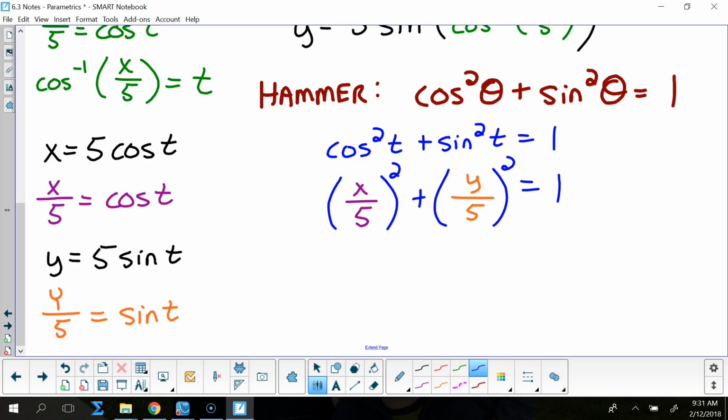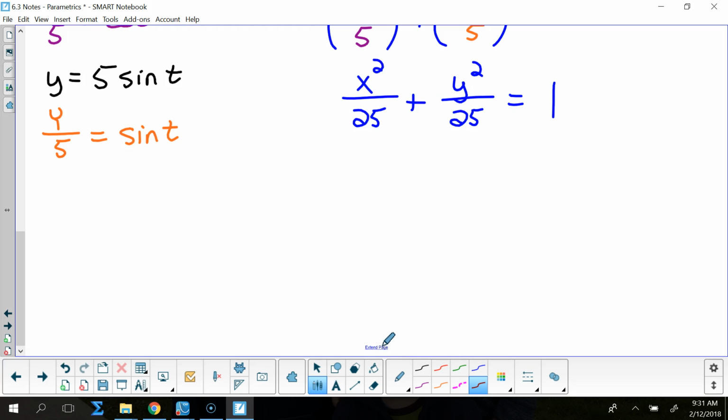So this becomes x squared over 25 plus y squared over 25 equals 1. Which, when I make that look algebraic, becomes x squared plus y squared equals 25.